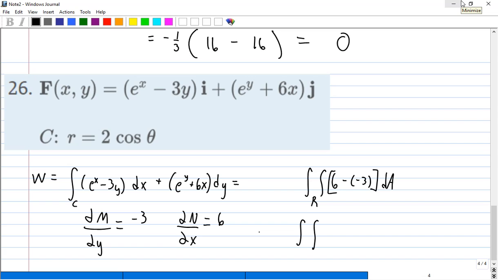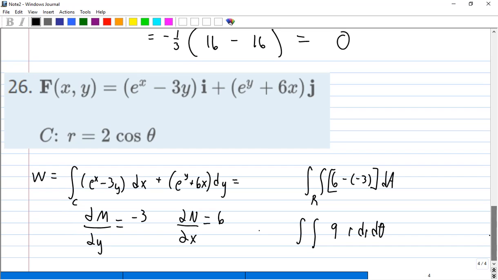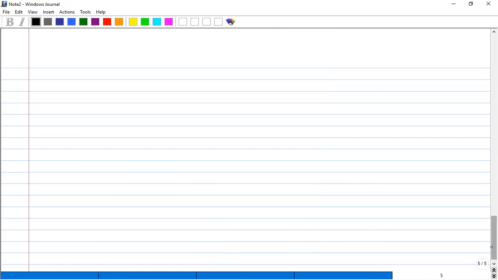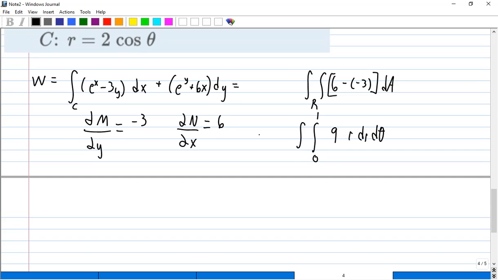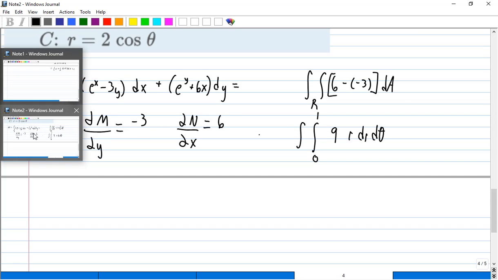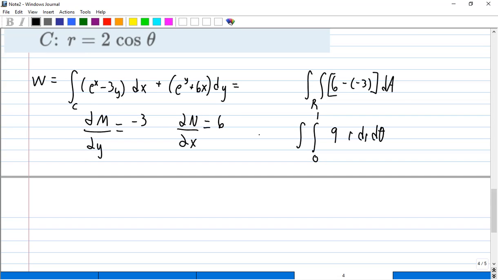So that's going to be 9 r dr d theta. We've already established that the radius is 1. Now, to trace out the rest of this circle, do we have to go from 0 to 2 pi, or do we go from 0 to pi?